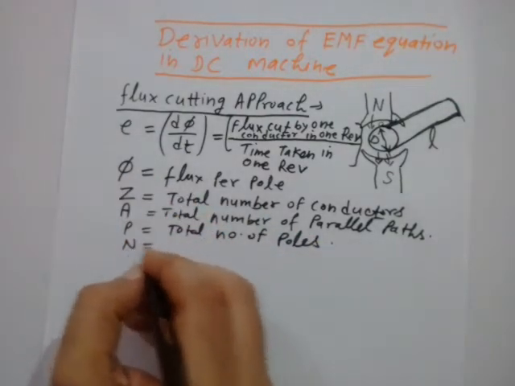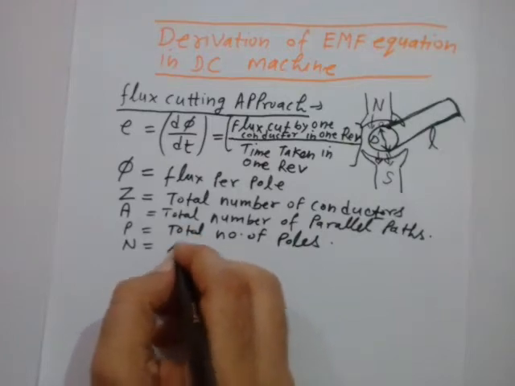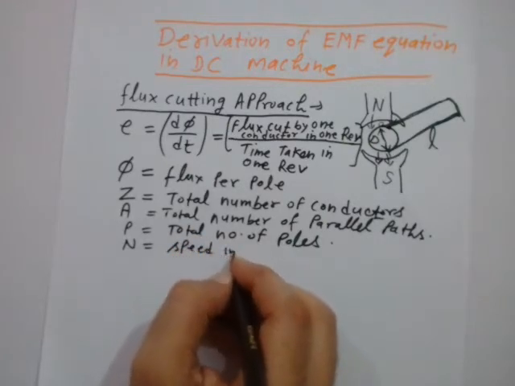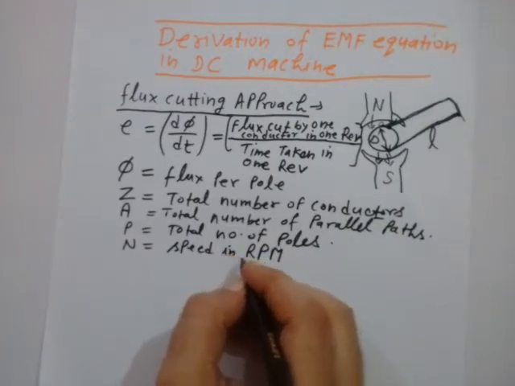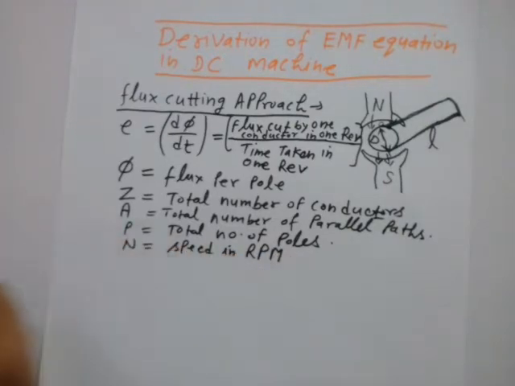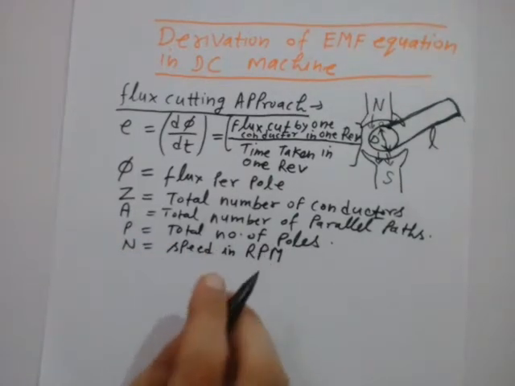And what is capital N? Capital N is the speed in revolutions per minute. RPM stands for revolutions per minute, right?